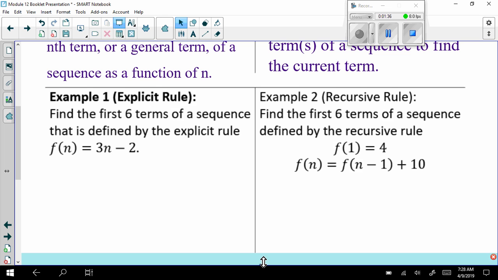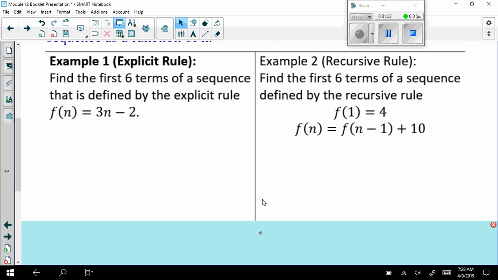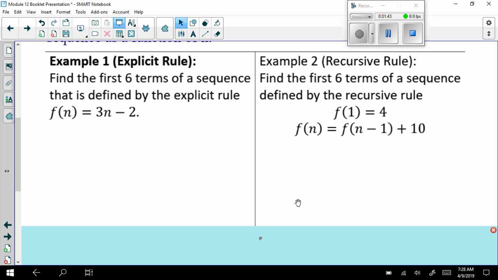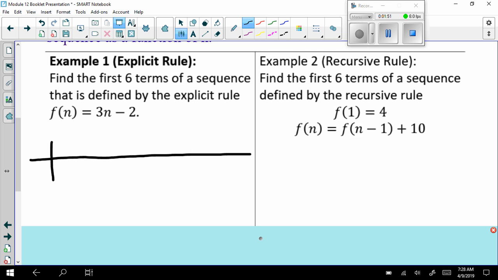So the first example, we're going to find our term using an explicit rule. Our explicit rule says f of n equals 3n minus 2. So we're going to do this by drawing a table with n and f of n. And I want to know the first 6.